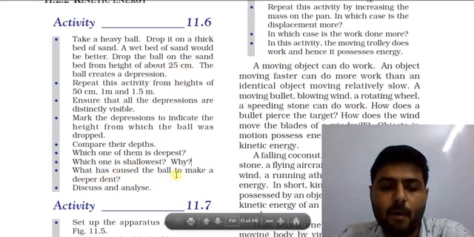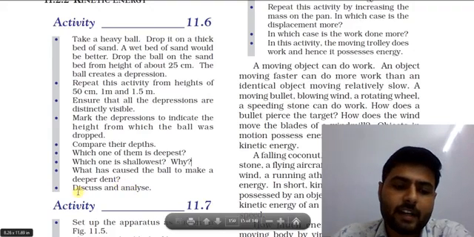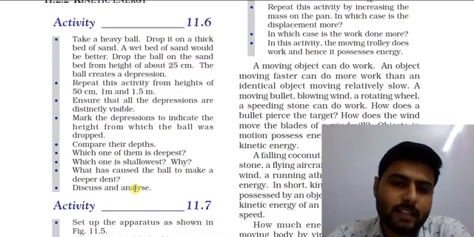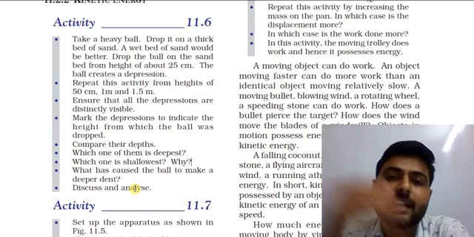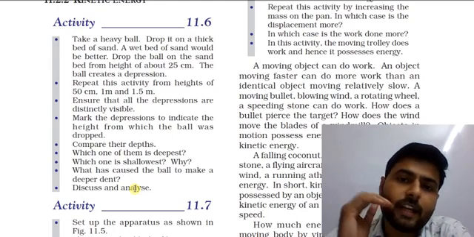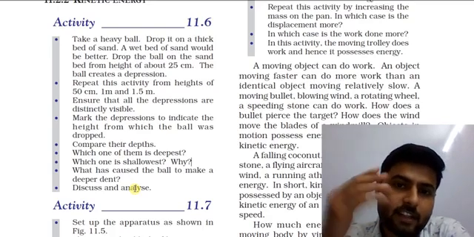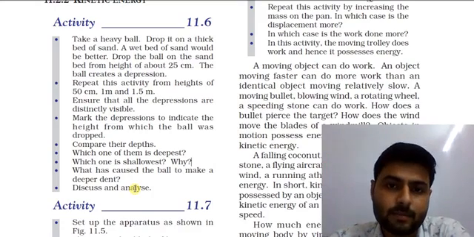What has caused the ball to make a deeper dent, and discuss its analysis. By this activity, we can conclude that as the height of the object increases, depression will increase. So we can conclude that the greater the height, the greater the ability to do work.